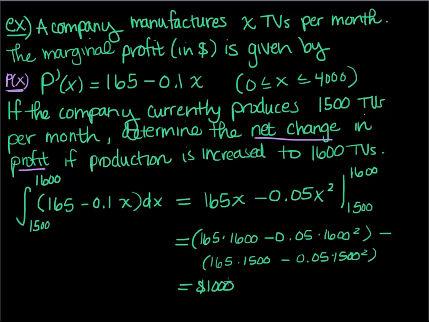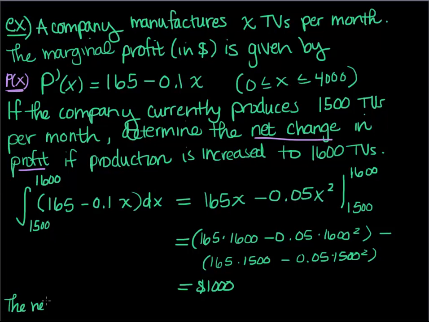So a lot of times on these word problems, I'm going to ask you to write a sentence to describe your answer. So what does that 1,000 mean? That means that the profit, now it's positive, so that means we're going to increase. Let's do the net change.